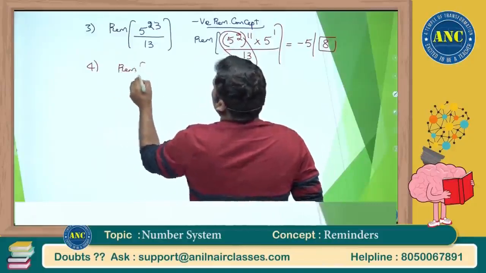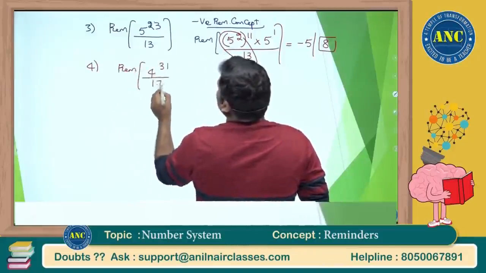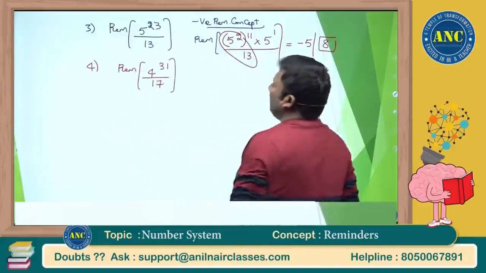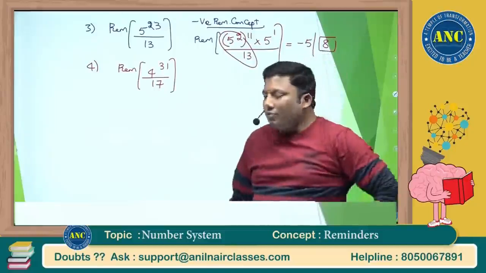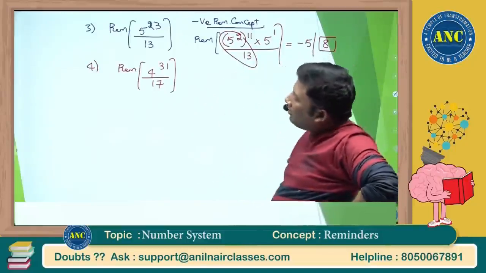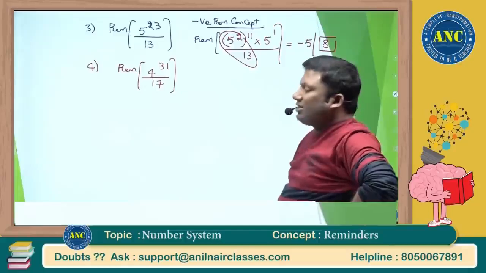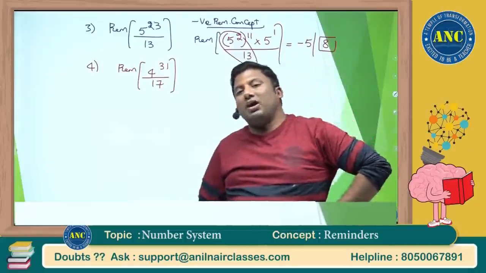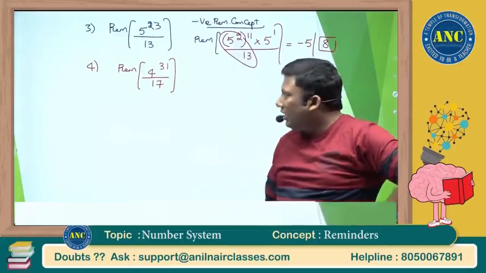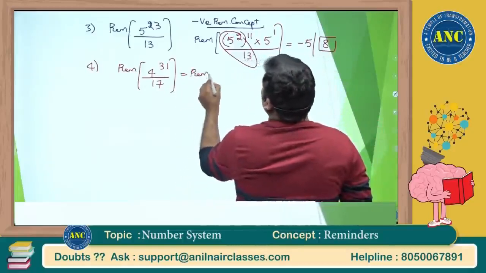Now, for example, 4 power 31 by 17. Use the same concept as the third problem. Which power of 4, when divided by 17, gives plus 1 or minus 1? 4 square is 16, so here you directly get it.